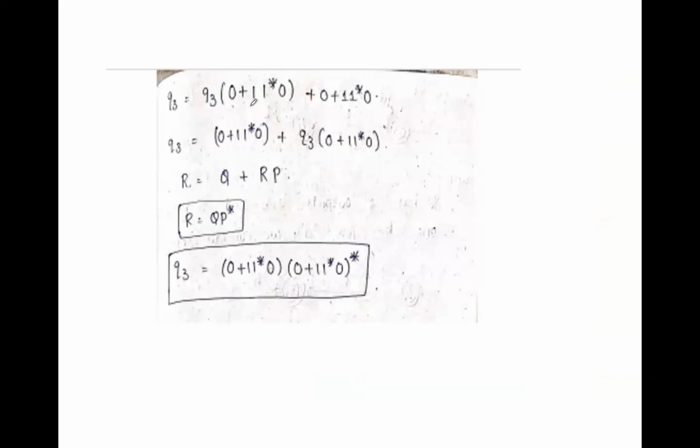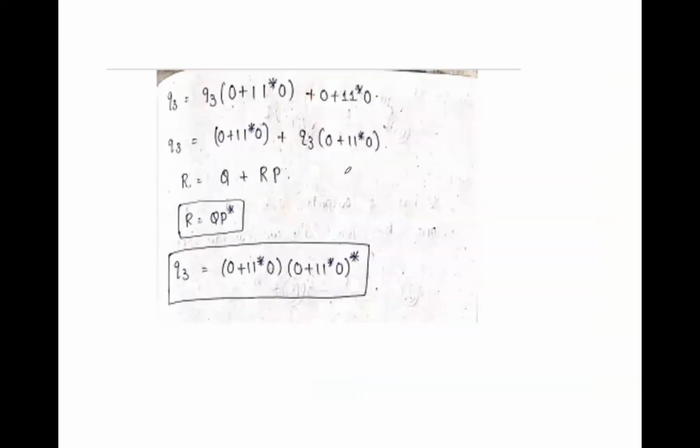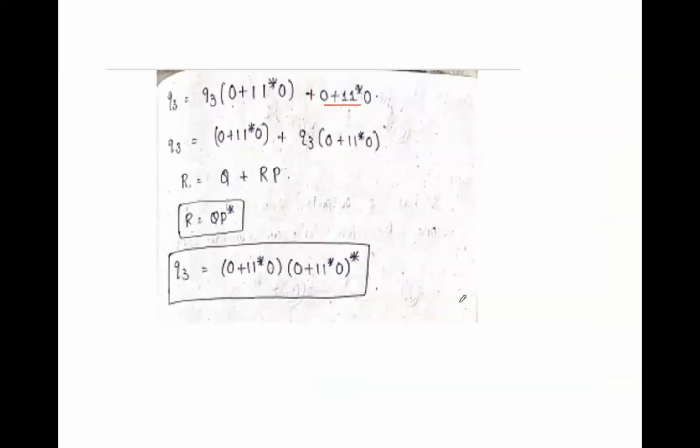Again, if you take Q3 common, you can see there are two terms with Q3. Taking Q3 common, you will get Q3 into 0 plus 1 1 star 0, and write the remaining part as it is, 0 plus 1 1 star 0.